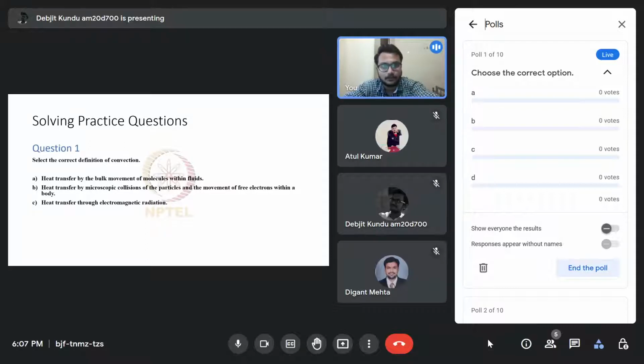If you are having any problems accessing the polls, you can unmute and say that. We will try to figure that out. Sometimes when using a mobile phone, there are some problems. Yes, sir, I'm using my mobile phone and I am unable to access the poll. Okay, so in your mobile, on the top right corner, you see an icon for options. It's usually three dots, I guess.